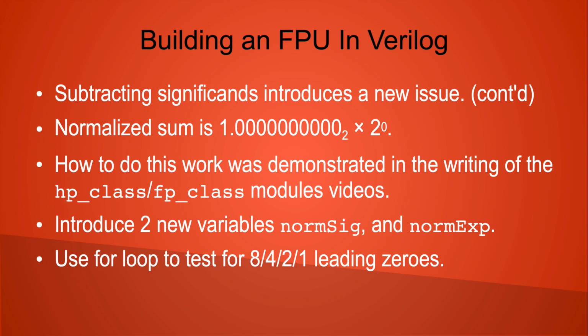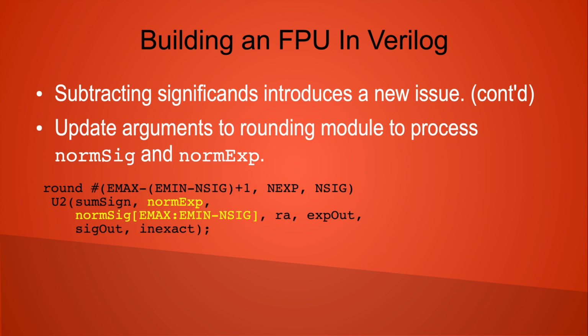The loop then goes back to see if the significand has 4 leading 0 bits, and then 2 leading 0 bits, and finally 1 leading 0 bit. Again, there's nothing new here. However, we need to update the code to pass normsig and normexp into the rounding module instead of passing big sig and big exp.